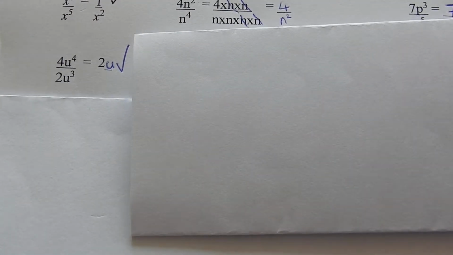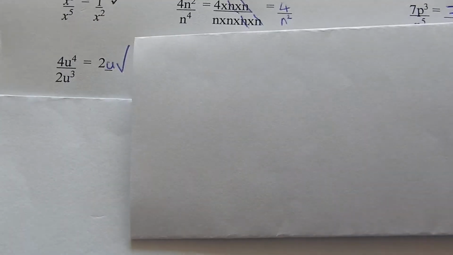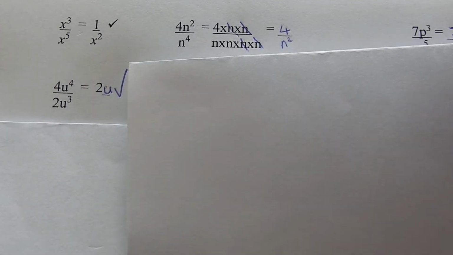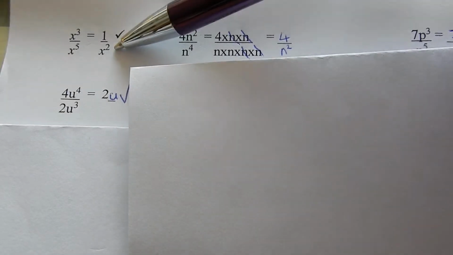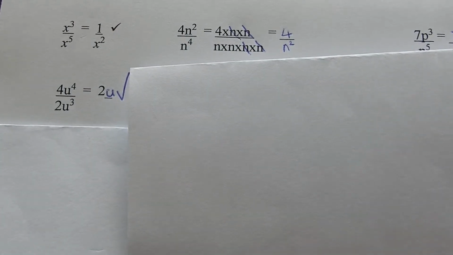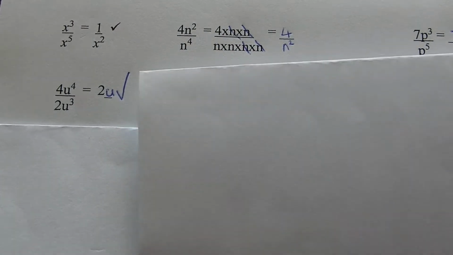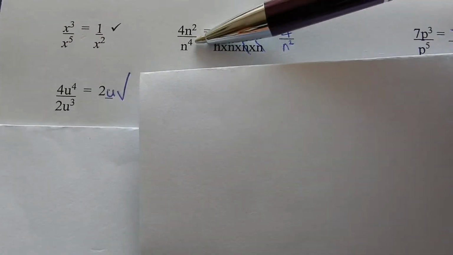Now, lots of teachers will say, all you have to do is 4 take away 3 gives you 1. All you have to do up here is 3 take away 5 gives you -2. Yeah, that also works, but I like my students to see why you do this, taking away the top number, take away the bottom number, giving you here -2.